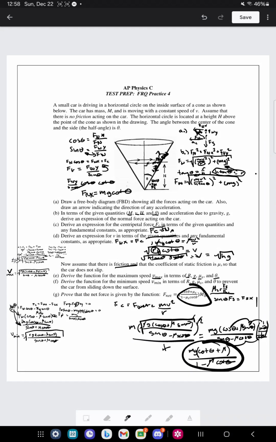So that is the proof of the net force function.